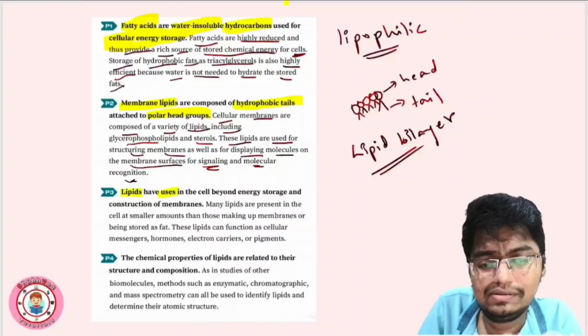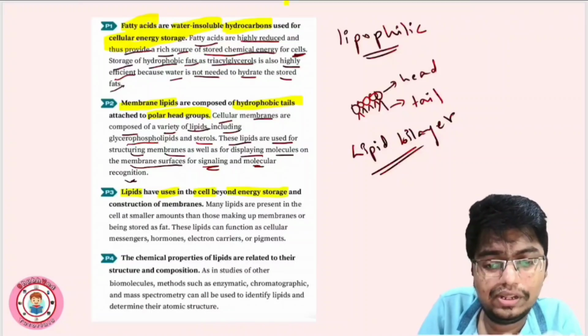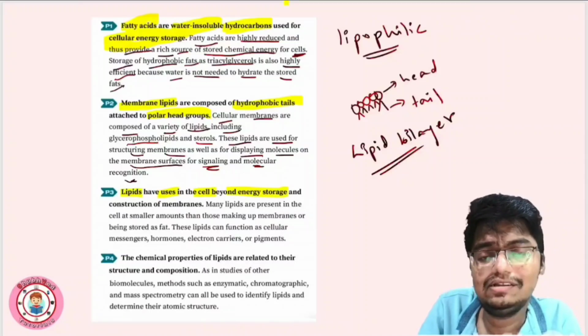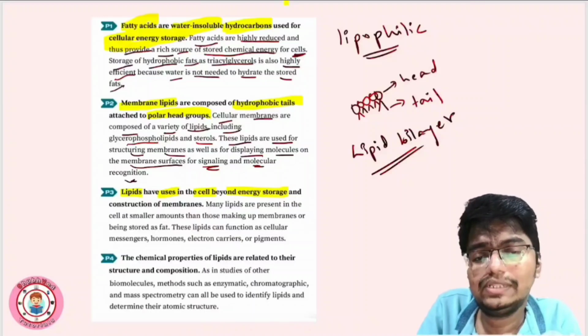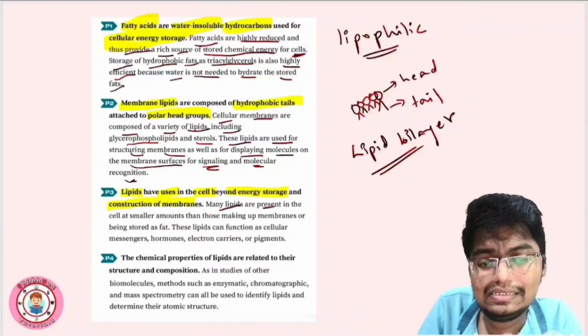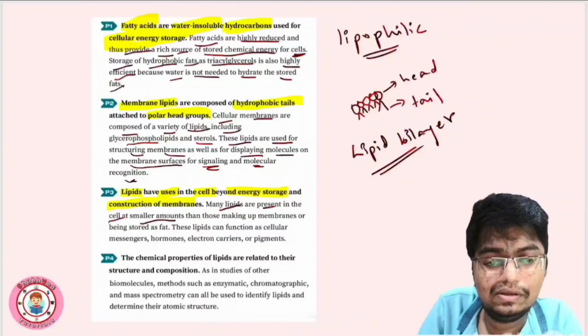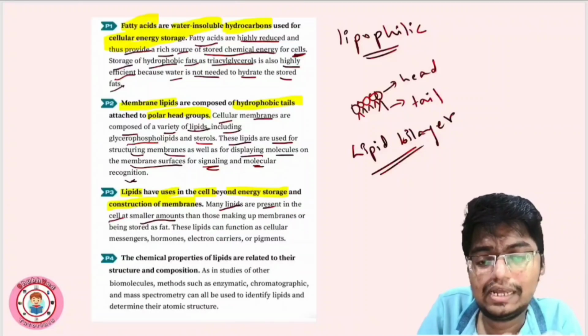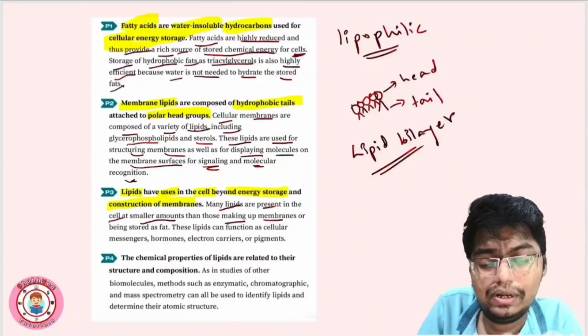Lipids have uses in the cell beyond energy storage, right? Not only energy storage is a function. Beyond that also there are many uses and construction of membranes. What are those uses? Many lipids are present in the cell at smaller amounts, right? Smaller amounts में present है than those making up membrane or being stored as fat.